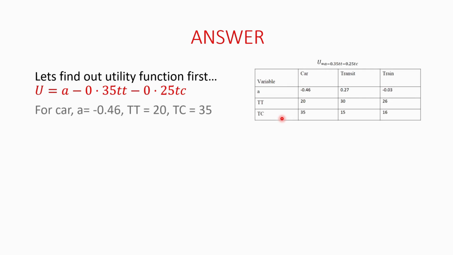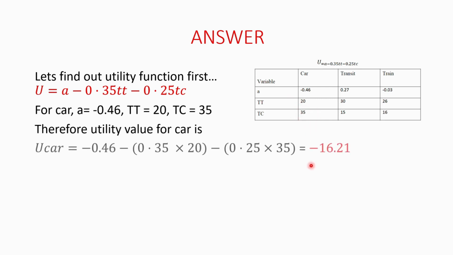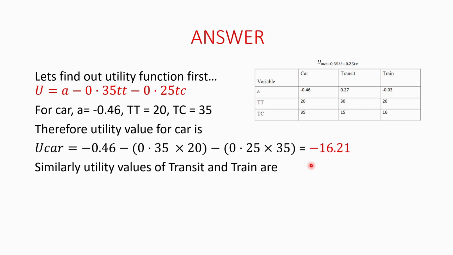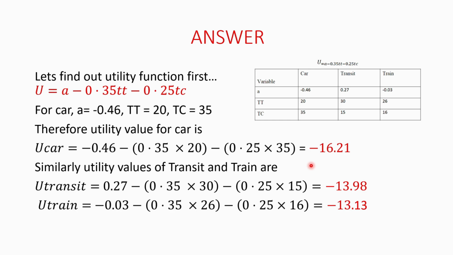We have the table. Now apply the values for car. For car, A is minus 0.46, TT is 20 and TC is 35. When I apply that in the utility function, you will get U car as minus 16.21. Now coming to transit and train, U transit is minus 13.98 and U train is minus 13.13.